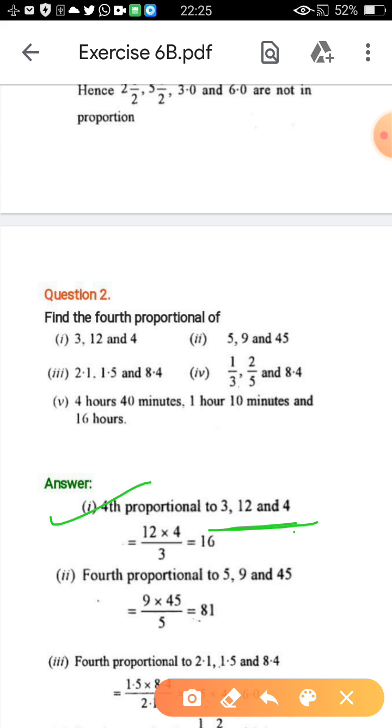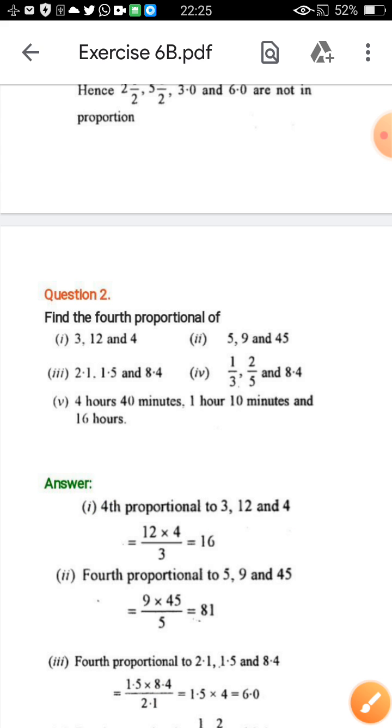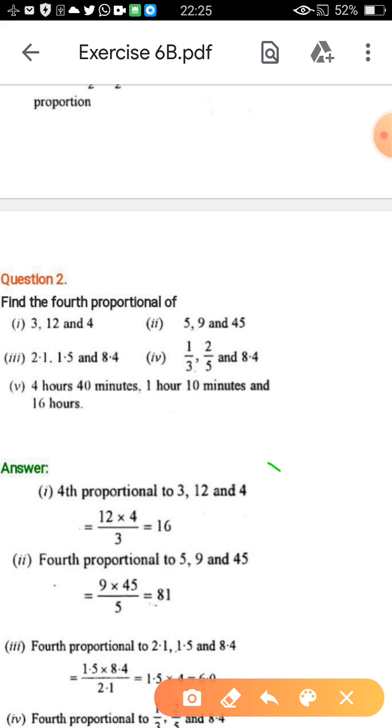Whenever you have to find the fourth proportional, there is a formula: take the multiplication of the middle terms, 12 into 4, and divide by the given first quantity, 12 into 4 divided by 3.